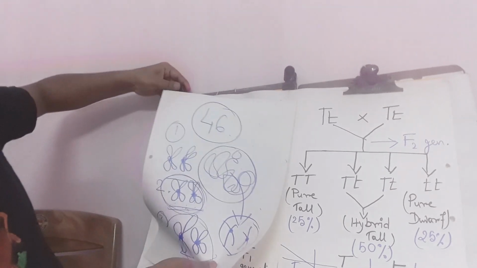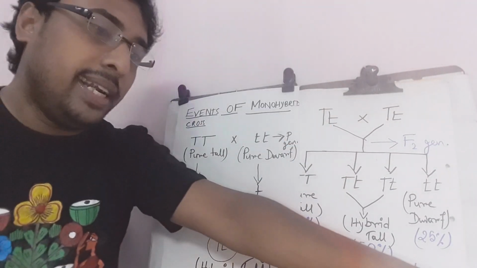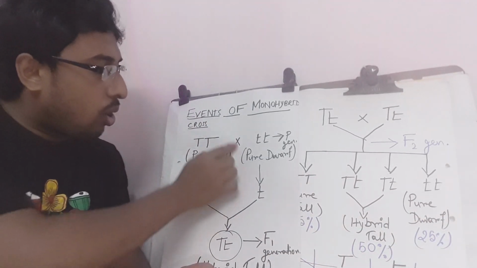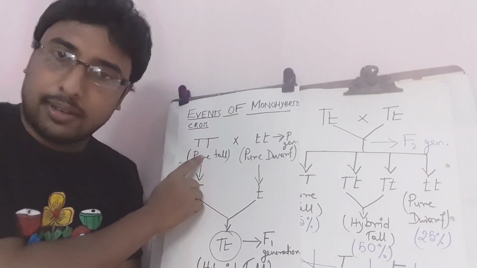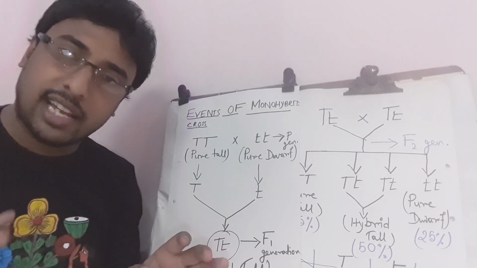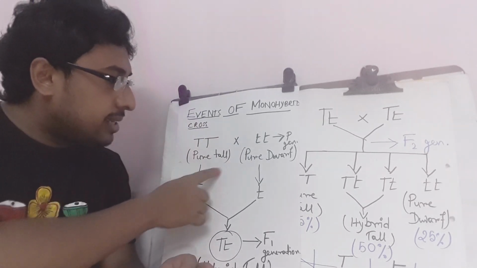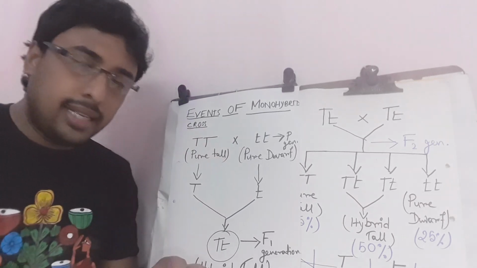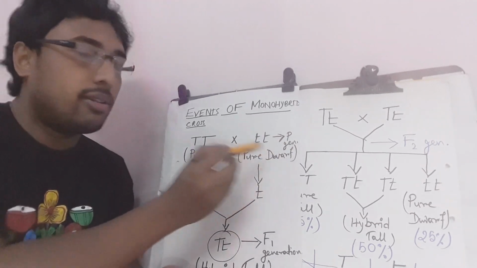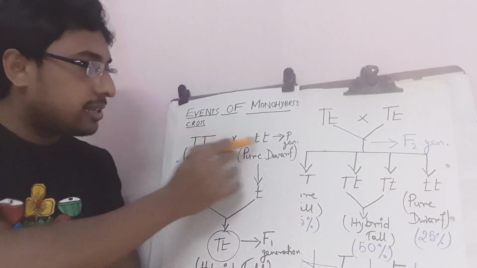For this experiment, Mendel took a pure tall pea plant, whose scientific name is Pisum sativum, and a pure dwarf plant, meaning short height. Both are pure characters.